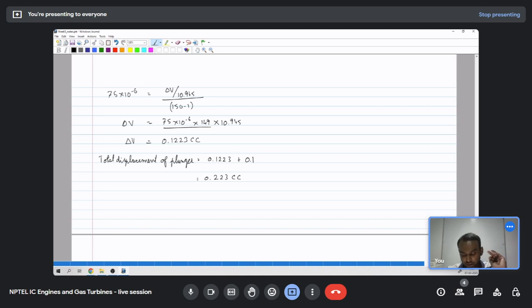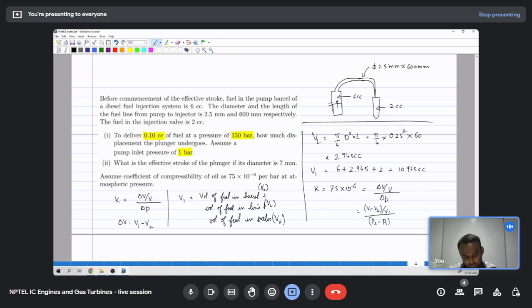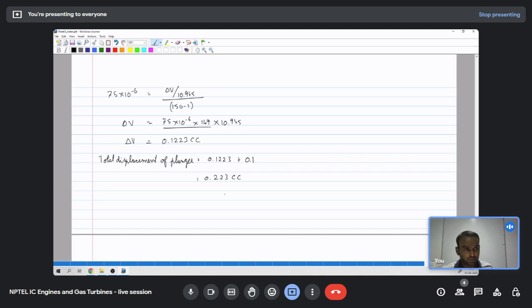So now we have the plunger displacement in terms of cc, and if the diameter is 7 mm, we can calculate what the effective stroke should be. So displacement is pi by 4 d square into stroke length, and we know this is 0.223. Having everything in terms of centimeters, I can get cc directly.